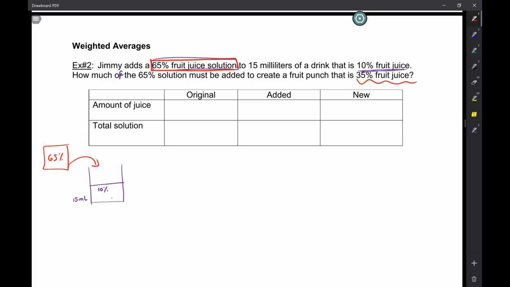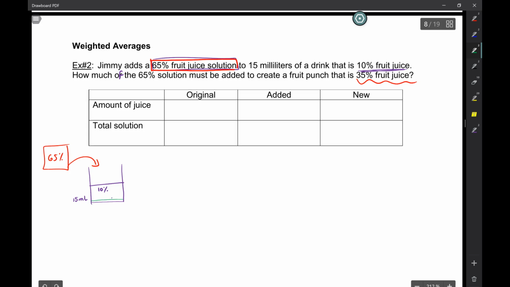All right, so let's first talk about the amount of juice. In his original, how much actual juice is there? 10% of what? It's 10% fruit juice. There are 15 milliliters, but only 10% of it is juice.